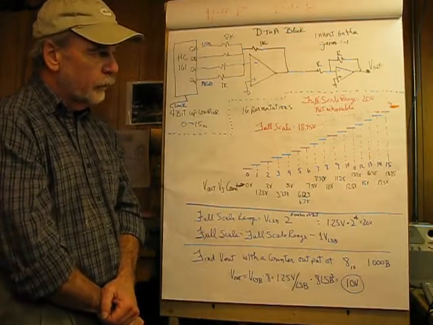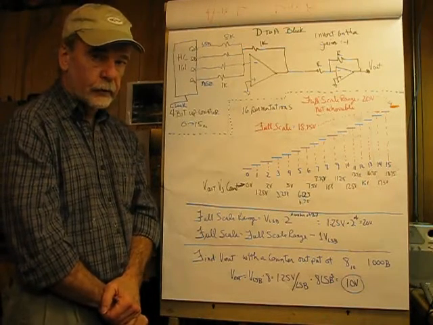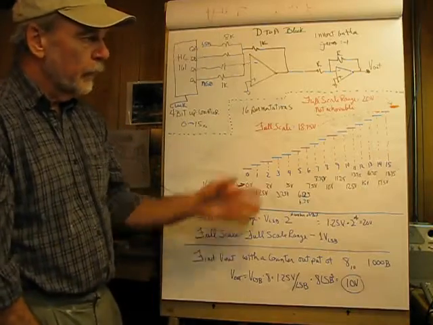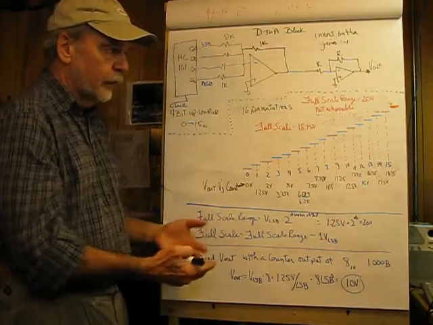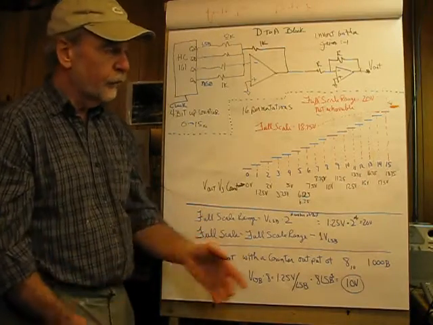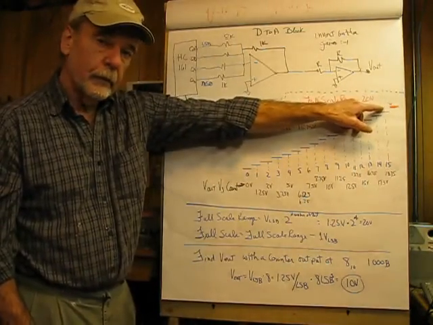Now we also have a term, full scale range, and the full scale range of this here would be 20 volts. What's the difference between full scale range and full scale? The answer is 1 LSB.